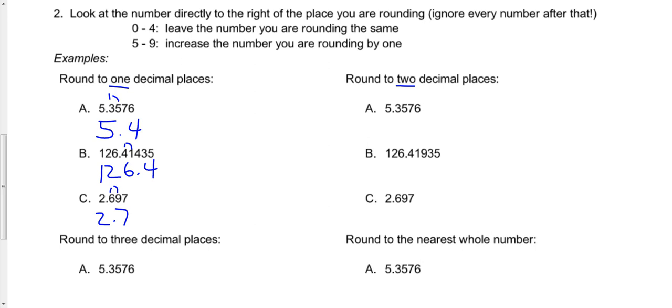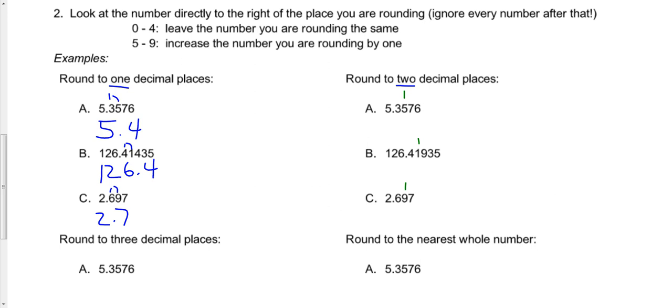Well, the second decimal place in this case, I'll just switch to green pen. So now my second decimal place is here. That's what I'm looking at. So in all 3 examples, I'm looking at that second decimal place. So now I've got to look at the number immediately to the right of that second decimal place.